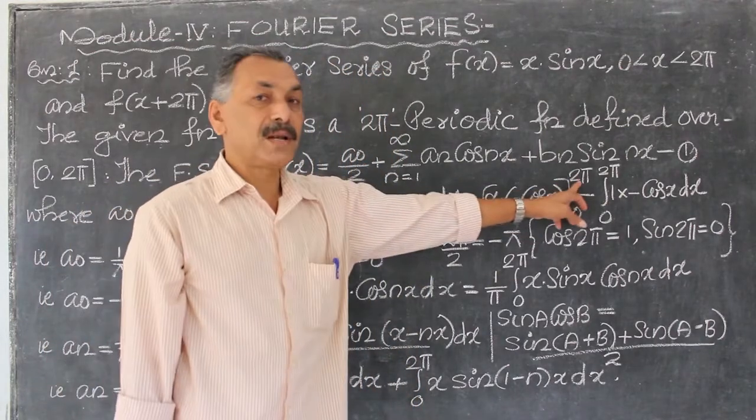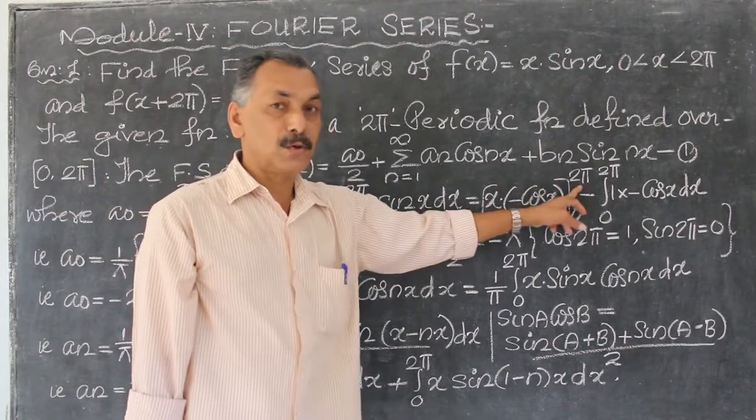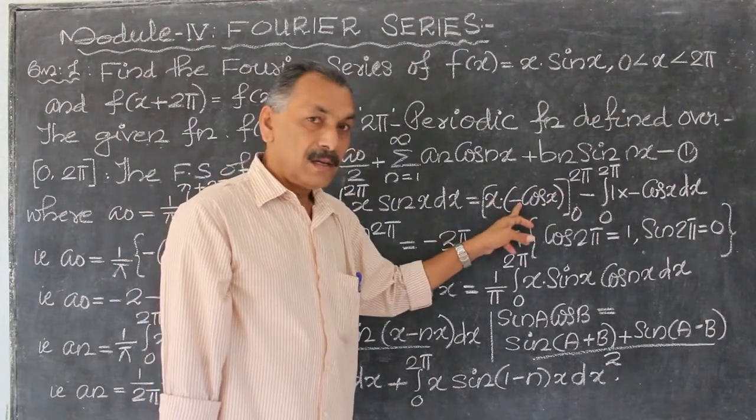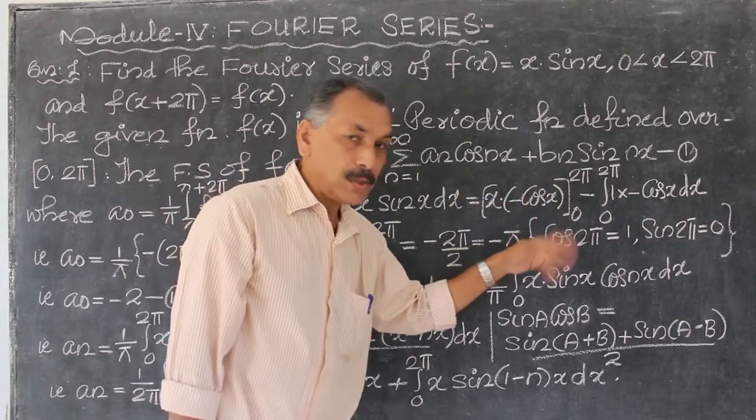That is, apply the upper limit. Applying the upper limit, instead of x put 2 pi, take minus outside, then 2 pi cos 2 pi.